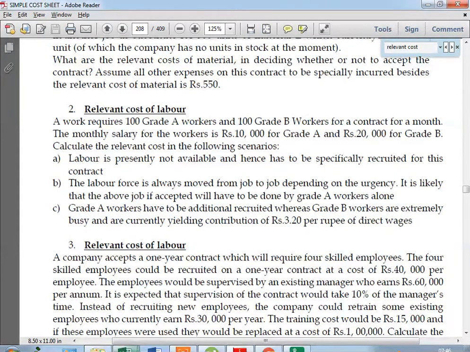Full stop. The relevant cost is wages payable.